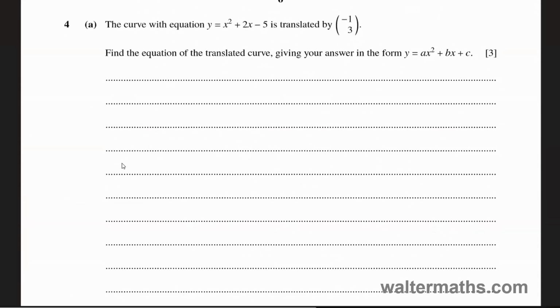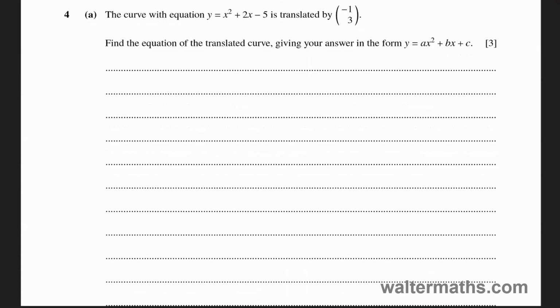Here the question says, the curve with the equation y is equal to x squared plus 2x minus 5 is translated by (negative 1, 3). Find the equation of the translated curve, giving your answer in the form y is equal to ax squared plus bx plus c. So let f of x be equal to x squared plus 2x minus 5.